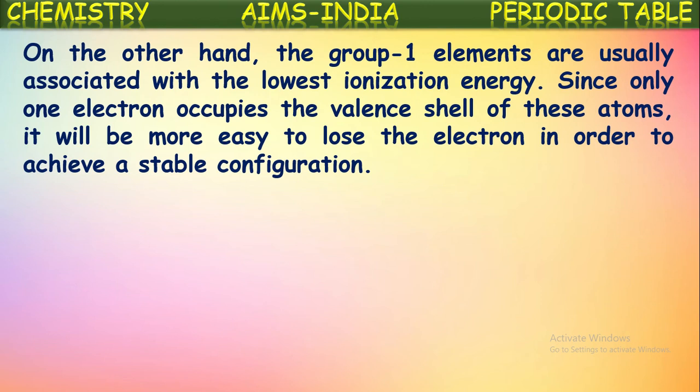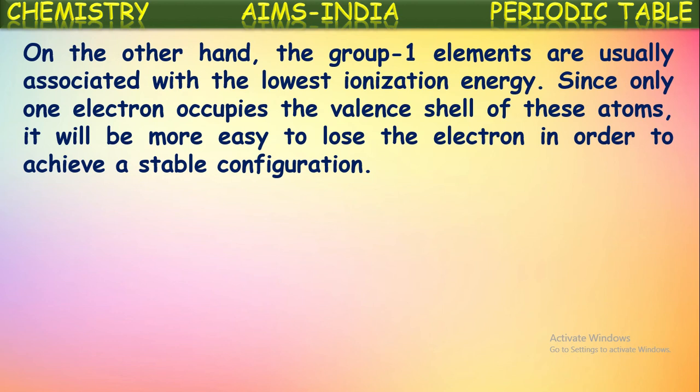On the other hand, the group 1 elements are usually associated with the lowest ionization energy. We are telling that from left to right in a period, atomic size decreases, hence ionization energy increases. The extreme right side elements, that is noble gases, have the greatest ionization energies in all the periods.